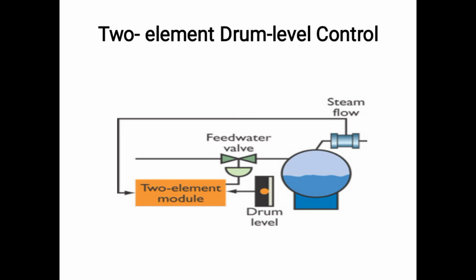Next one is the two element drum level control. In this control, two elements are involved. First one is the level transmitter, and second is the steam flow transmitter. Both transmitters give signals to a controller, and the controller, after monitoring both signals, gives the signal to the control valve, which increases or decreases water flow in the drum.